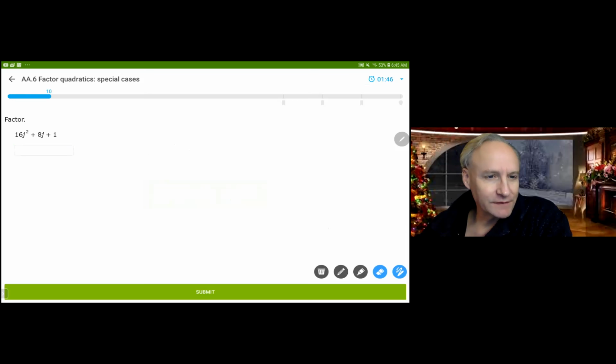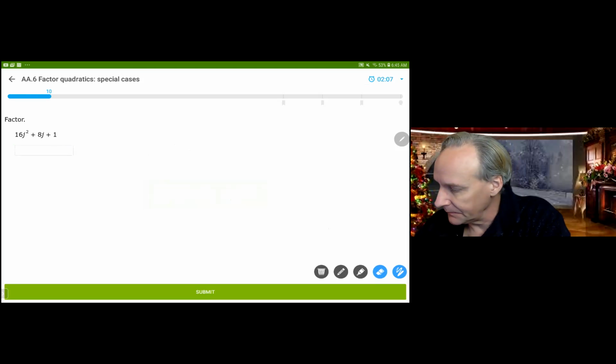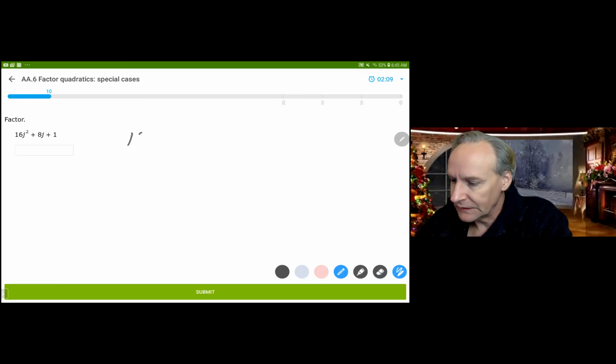Now this one, I suspect, will be our perfect square, and it is. This is what's called a perfect square trinomial, and it's of the form something squared plus double the product plus something squared. It's always like that, and we want to recognize it when we see it. I'm going to go ahead and write it: 16j squared plus 8j plus 1.